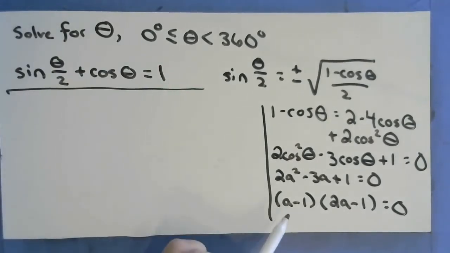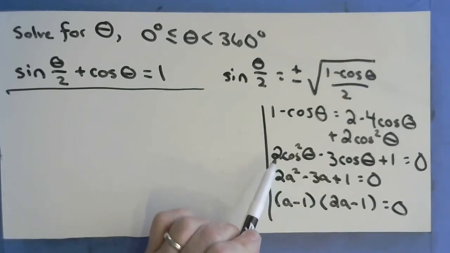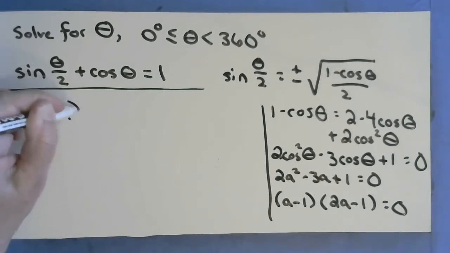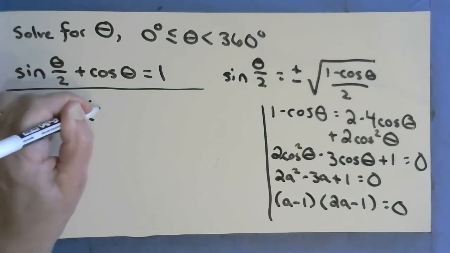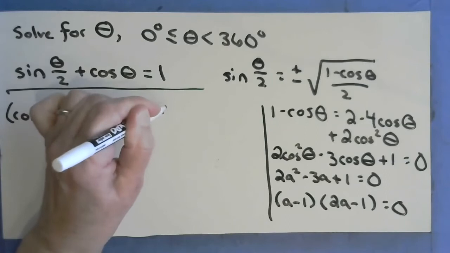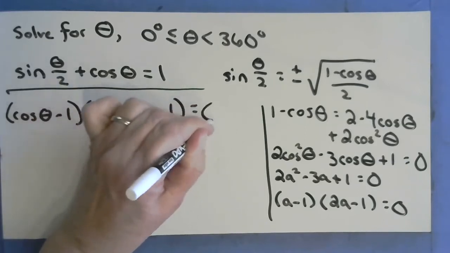And I'm going to rewrite my quadratic, factored in this form. So it becomes cos theta minus 1 times 2 cos theta minus 1 is equal to 0.